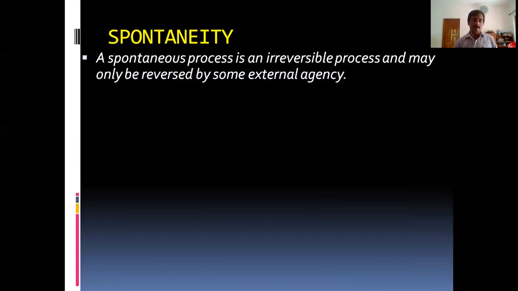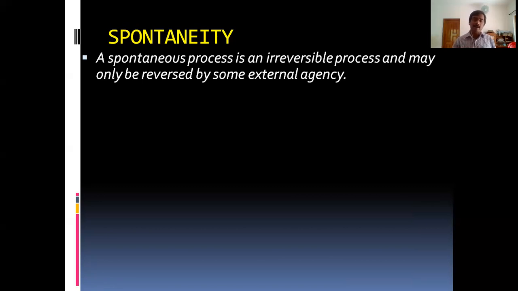So we can define a spontaneous process as an irreversible process, and the reverse process is possible only by some external agency. So a spontaneous process is an irreversible process, and the forward reaction will take place by itself.